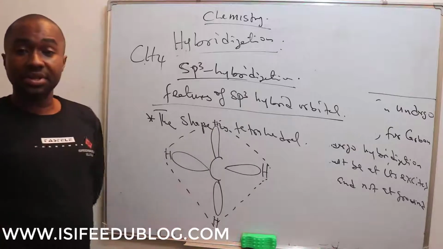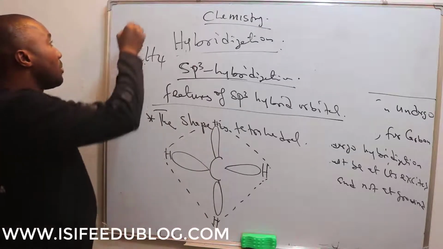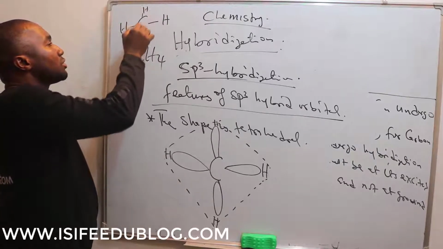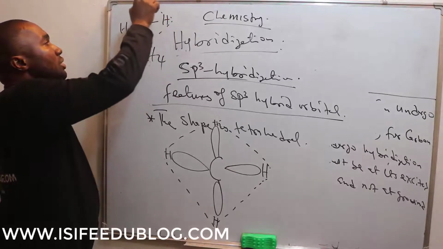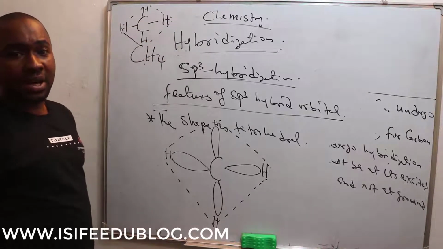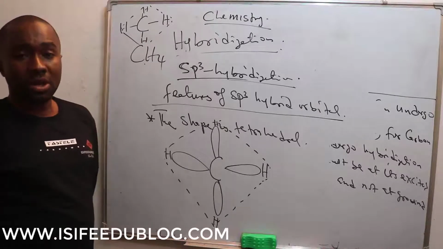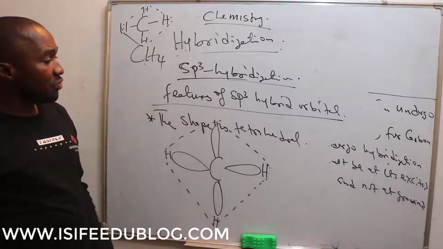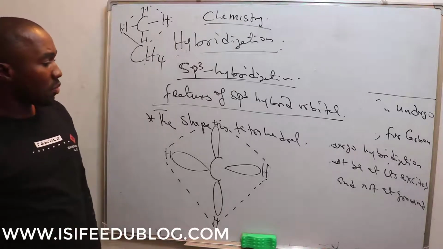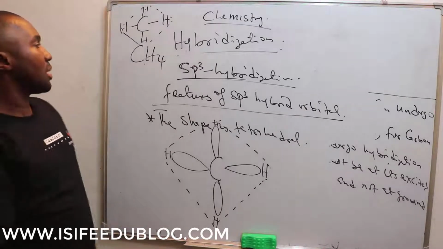That's why we say the shape is tetrahedral. Even if you draw it in a planar form, carbon with four hydrogens, you will still see that this compound is a four-sided figure. That is why we say they have a tetrahedral shape. So one of the features of sp3 hybrid orbitals, when we are referring to the hybrid orbitals of carbon, is that they have a tetrahedral shape. The example is methane.